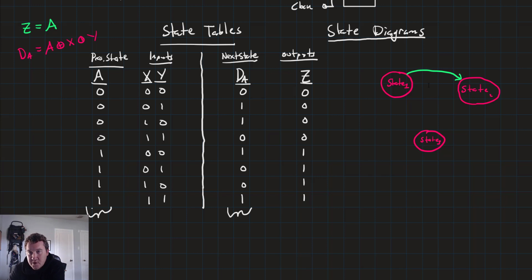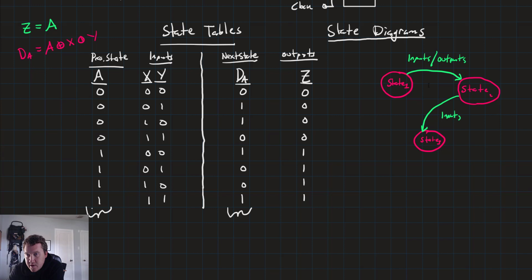So we draw a transition from state 1 to state 2, and on the transition line itself, we label the inputs / the outputs. And if we ever have more than one input, let's say from state 2 to state 3, we might have more than one input that produces the same state transition and the same output.